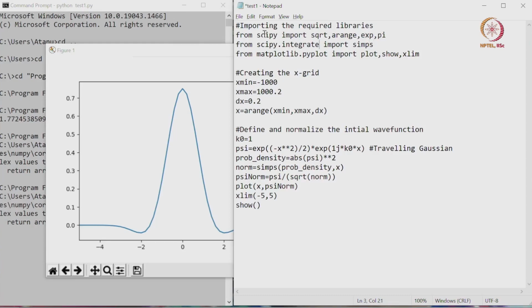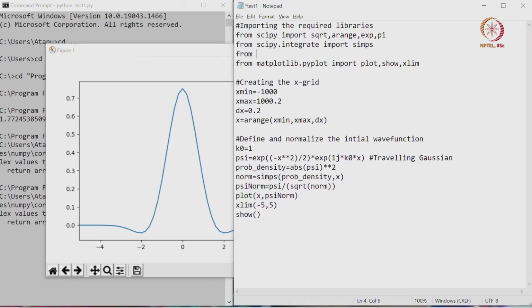From integrate I have to import again Simpson's method, and then, because we will make use of Fourier transform, we have to import some functionalities from the SciPy fftpack submodule: fftfreq, fft and ifft. These are the functionalities we are going to import.